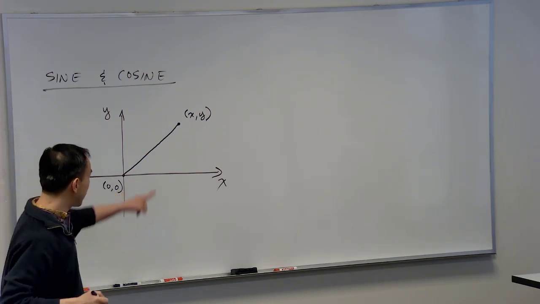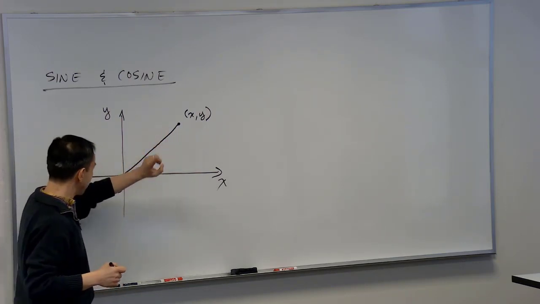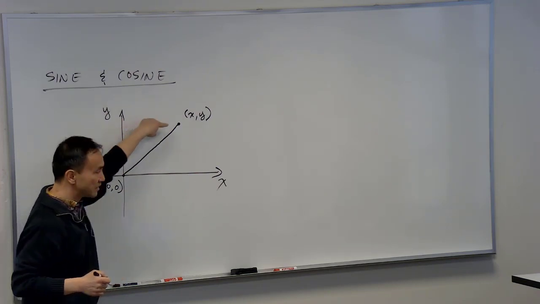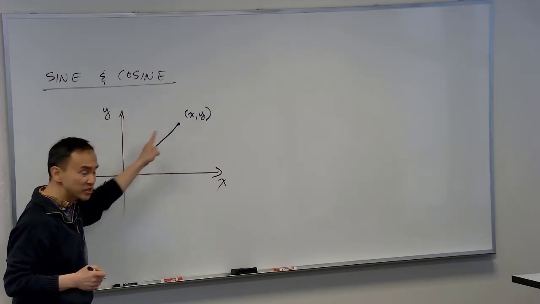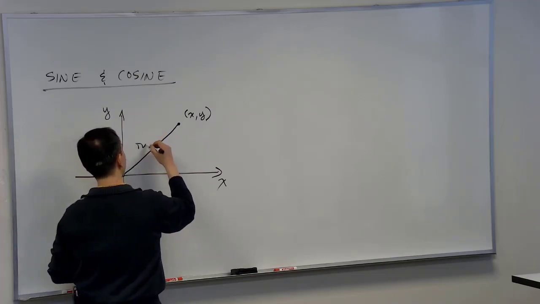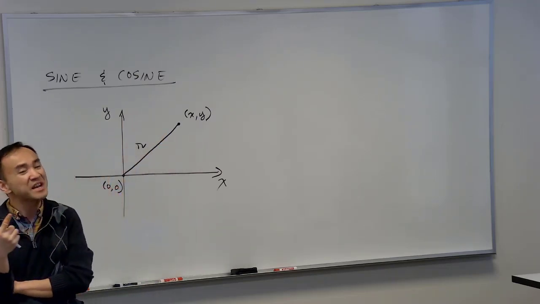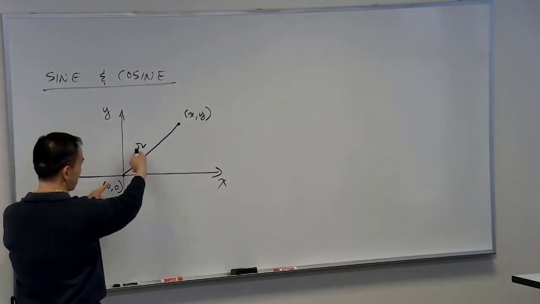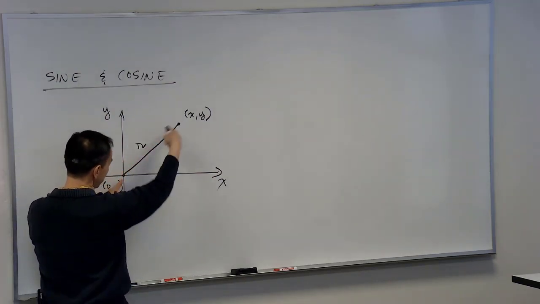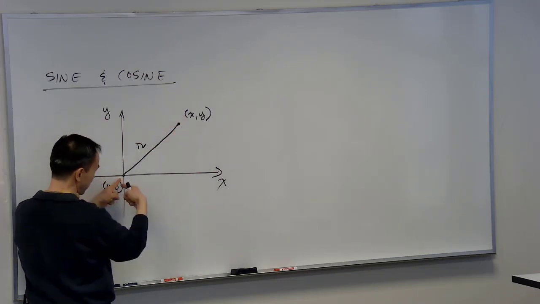So from any point on the plane, we can always measure the direct distance from the point to the origin right here. And that distance, let's call it distance r, short for radius. You can see r as a radius, but the name is not too important. It's basically the distance from any point to the origin.